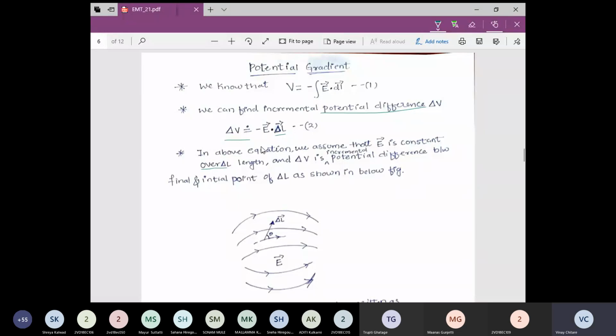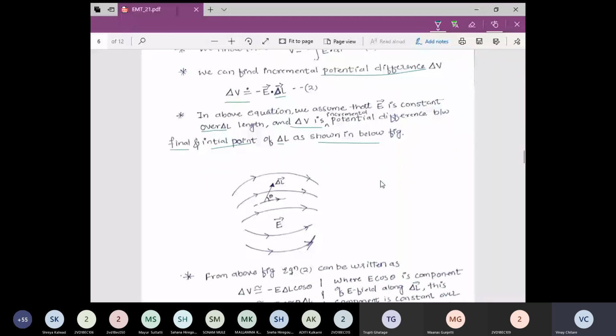Delta V is the incremental potential difference between the final point and the initial point of delta L, as shown in the figure. So for example, in some region, these are the electric field lines, and say you are interested in finding the potential difference between this point and this point.